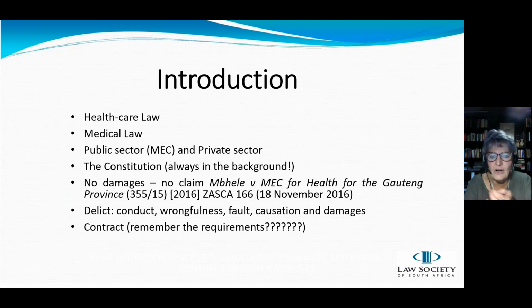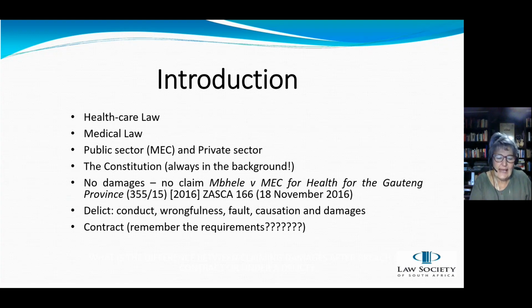In other words, the loss of amenities of life because he's now paralyzed, the possible earnings that he would have earned in future, his own pain and suffering being a paraplegic now. Then he has a case, and I hope you see the difference between the two.